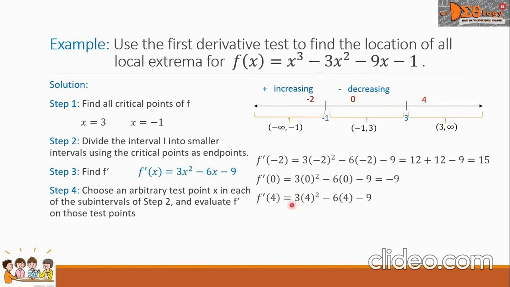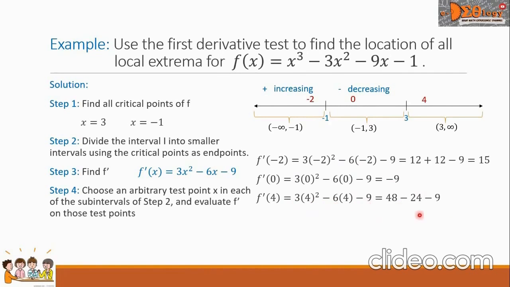Now let us evaluate f prime of 4. This is equal to 3 times 4 squared minus 6 times 4 minus 9. The square of 4 is 16. 16 times 3 is 48. -6 times 4 is -24, then minus 9.